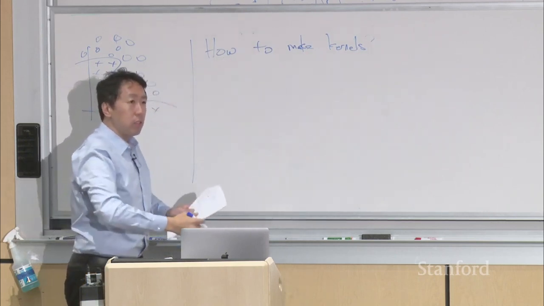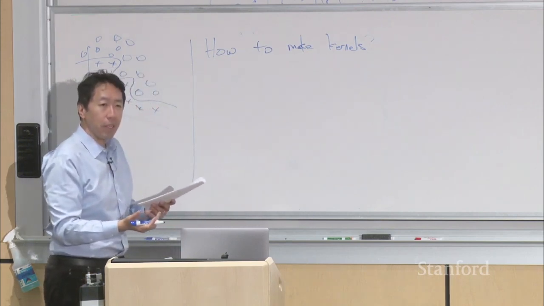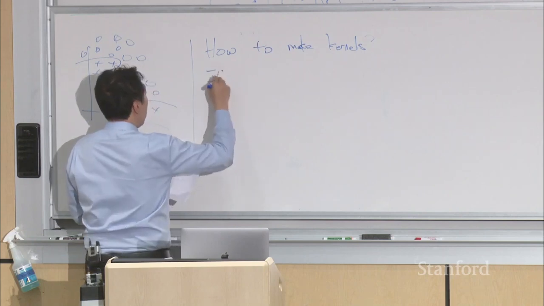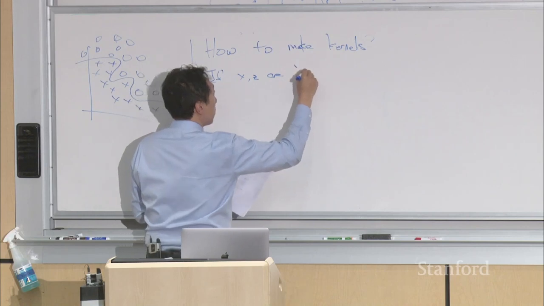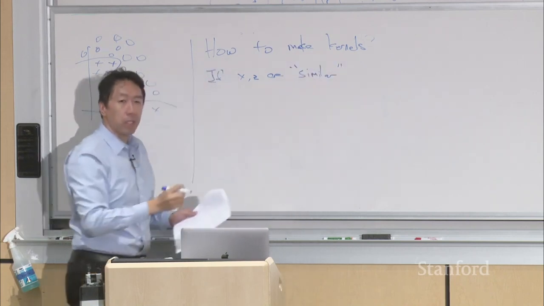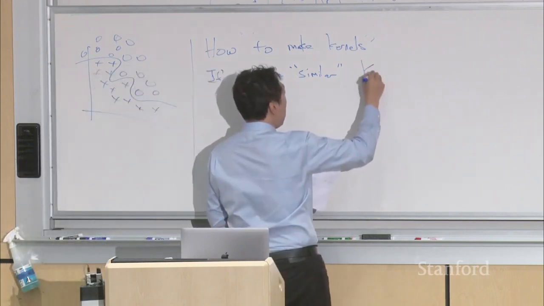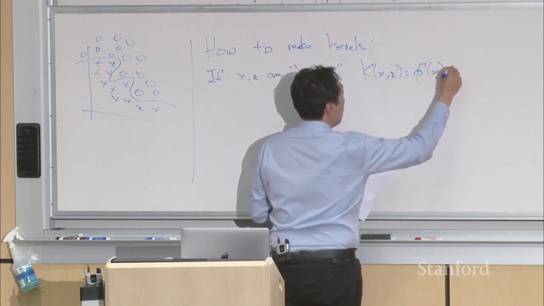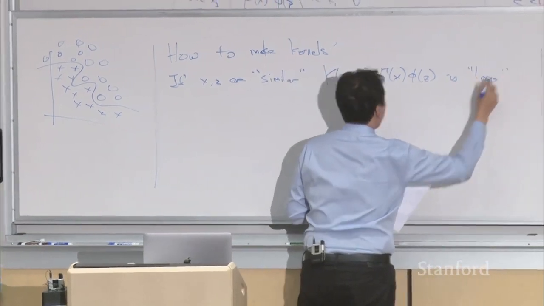Right. So here's some intuition you might have about kernels. If two input examples x and z are close to each other or similar to each other, then k of x,z, which is the inner product between x and z, presumably should be large.